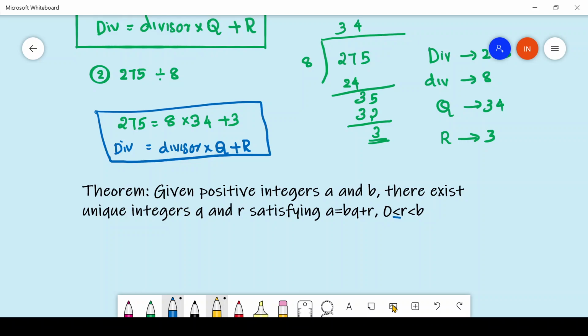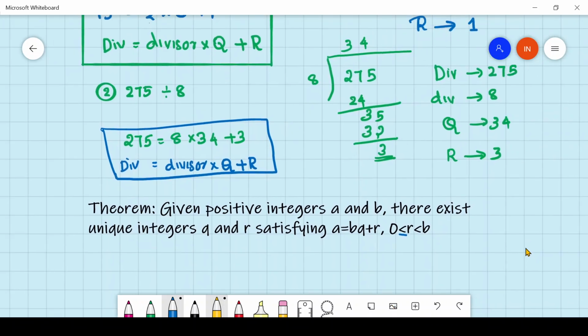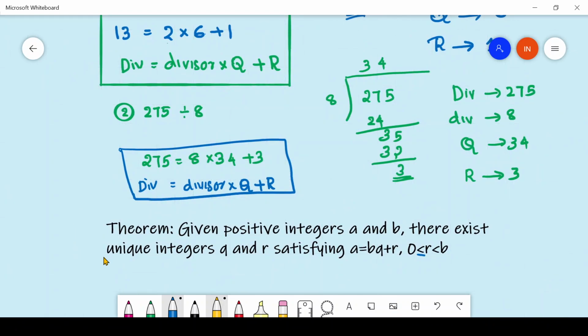Let us take the examples we have done. In the first case we got 13 is equal to 2 into 6 plus 1, and in the second case, I am copying it here, 275 is equal to 8 multiplied with 34 plus 3.